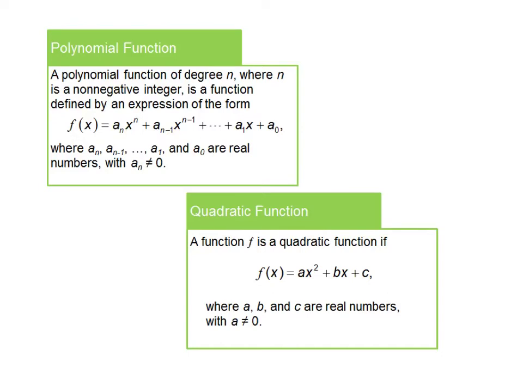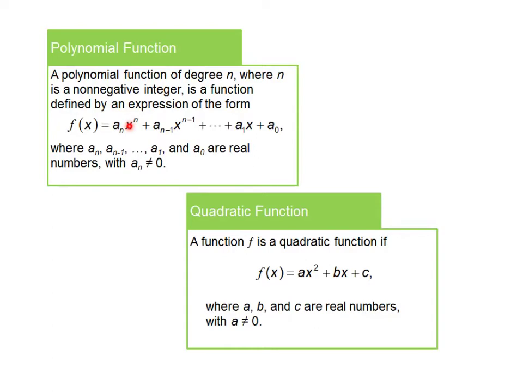Okay, so we're going to start our discussion on polynomials with first understanding what a polynomial is. A polynomial is anything with degree n, meaning it has some exponent on the x variable. The catch is you've got to have real numbers and your coefficient on that first term can't be 0.